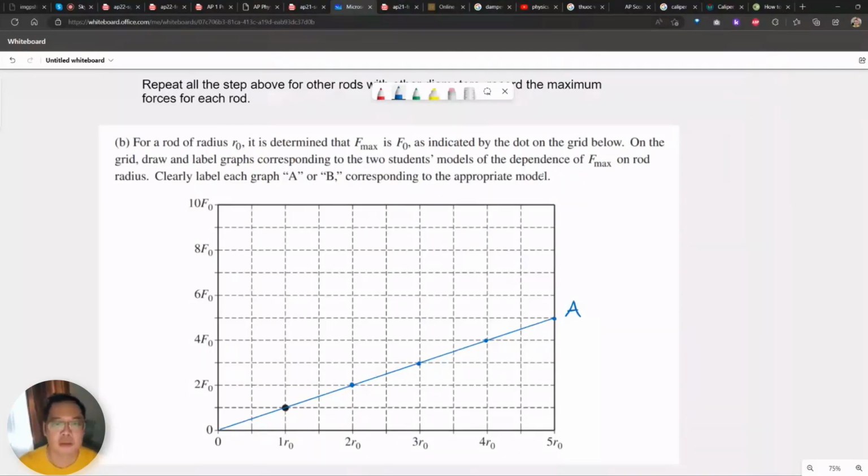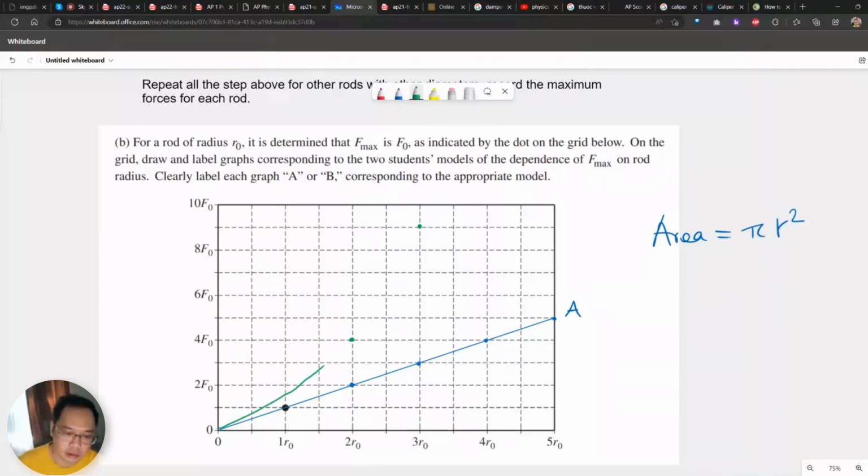For student B, claiming that it is proportional to the cross-sectional area, and the area is pi times r squared, therefore 2 times r, 4 times the force, 4 times the force here. Let me use another color for student B. Okay, 3 times the radius, 9 times the force, 9 times is here. So for student B, it's going to be a parabola. Okay, not very accurate, but almost a parabola.